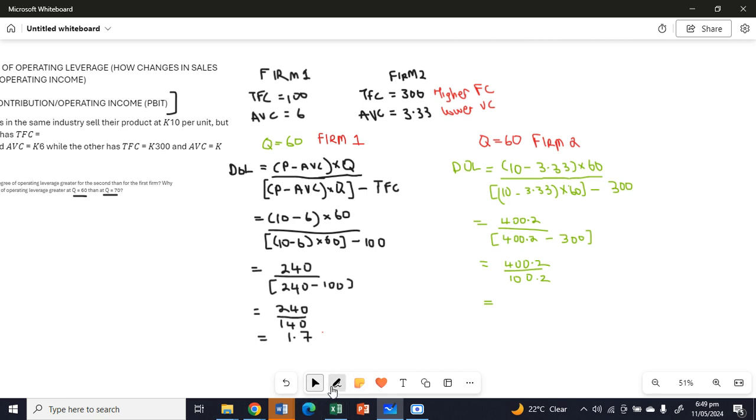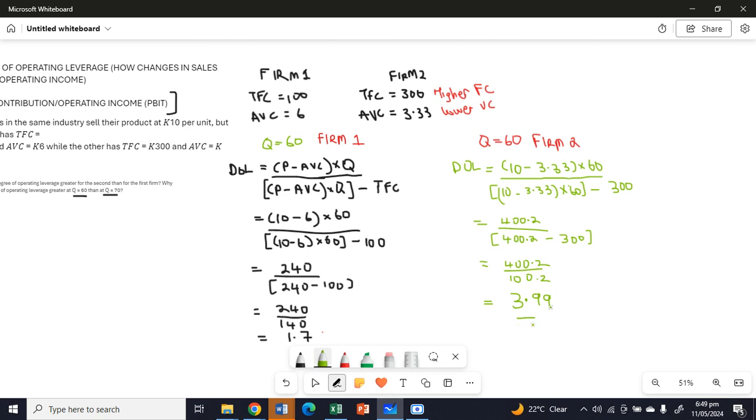3.99. So what this means is if sales increase by 1%, the operating income of this company is going to increase by 3.99%. And if sales decrease by 1%, the operating income of this company would decrease by 3.99%.